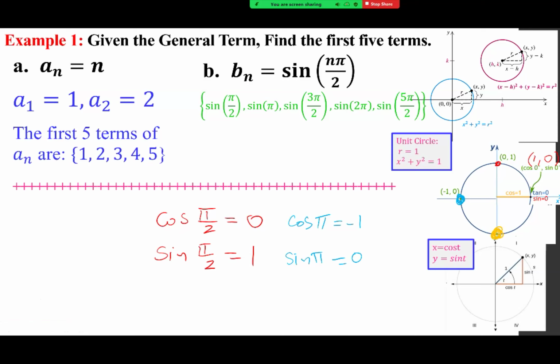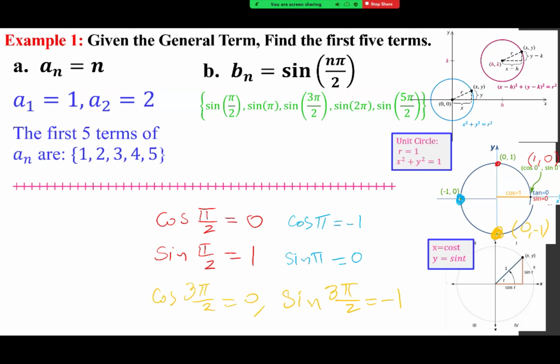This one, remember, has coordinates 0, negative 1. That means cosine of 270 degrees or 3 pi over 2 is 0. Sine of 3 pi over 2 or 270 degrees is negative 1.